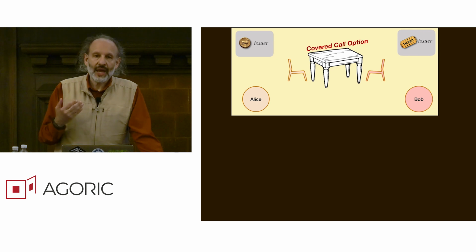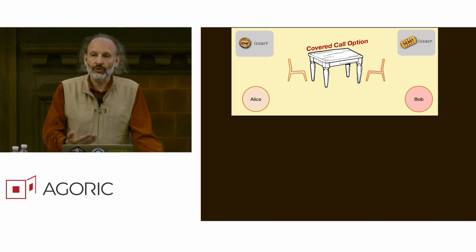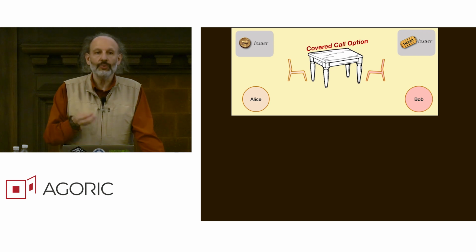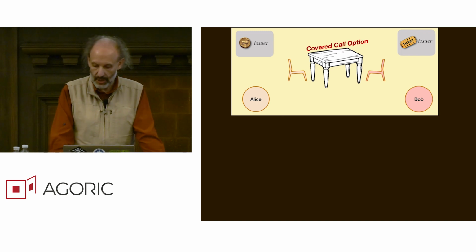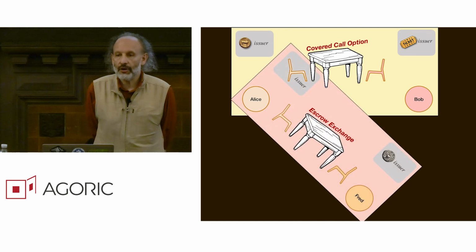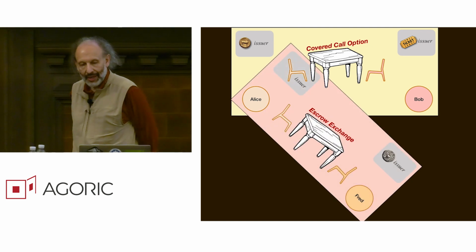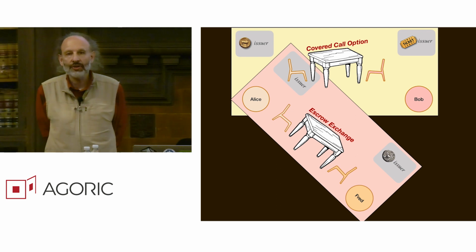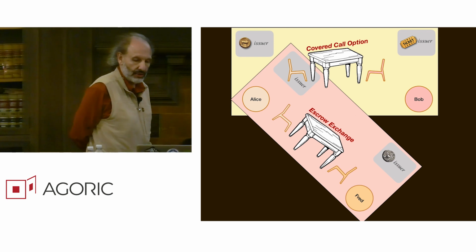And we would like to take these derived values and turn them into derived tradable rights. So the same contract framework that creates this chair around the covered call option creates it as a chair issuer that can act in the role of issuer to yet other contracts.